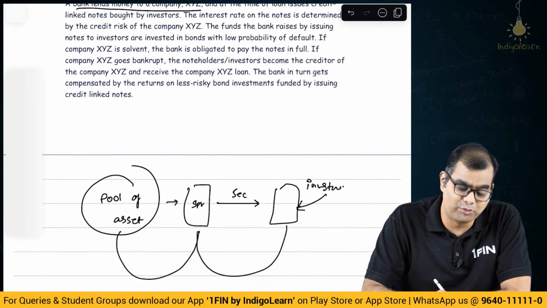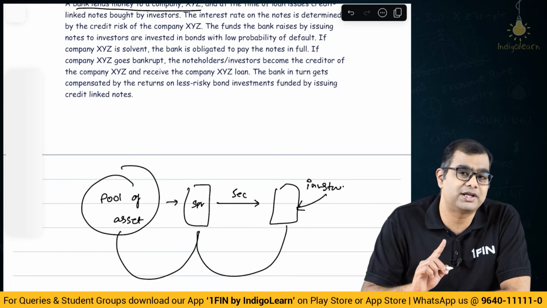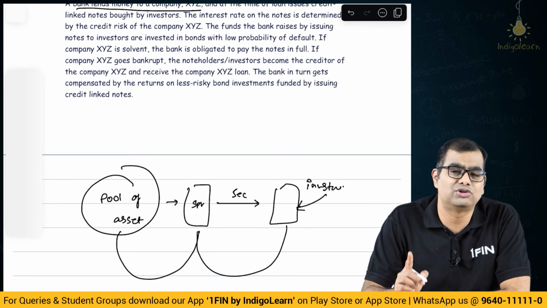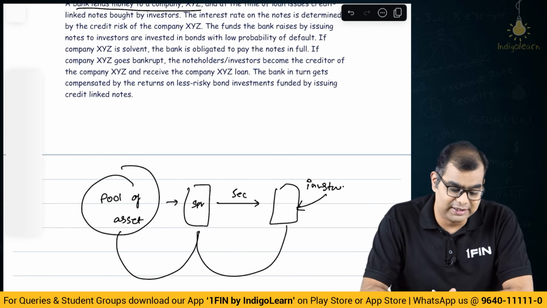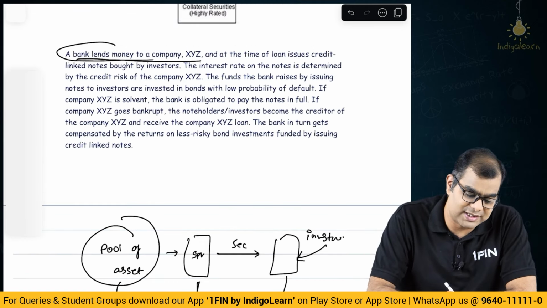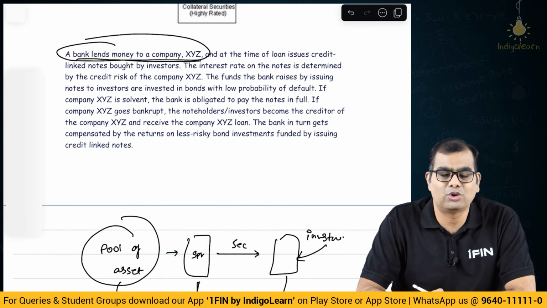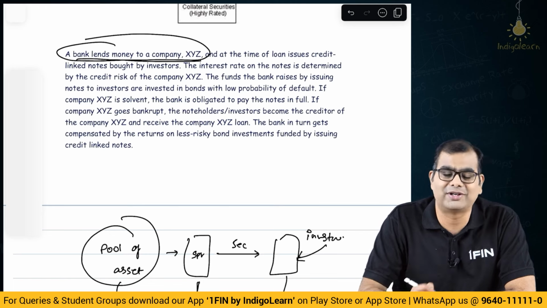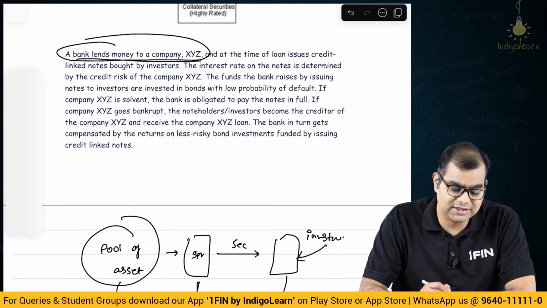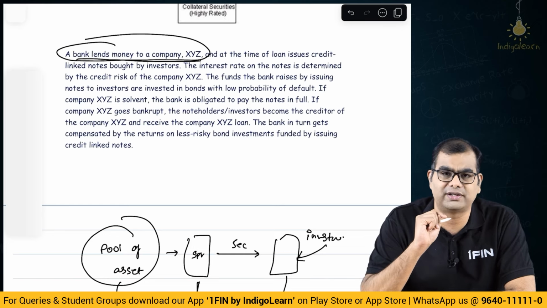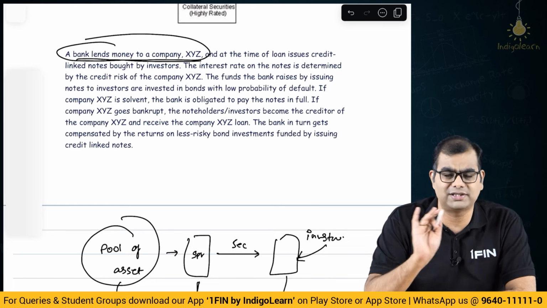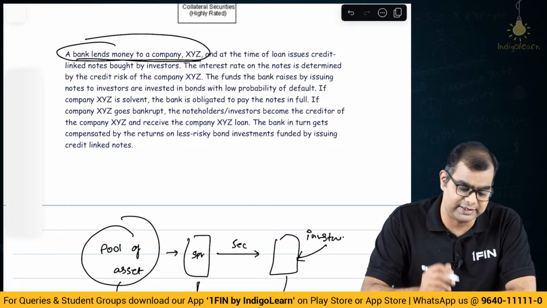In securitization, you are pooling multiple mortgage loans or auto loans or car loans or whatever loans. You are integrating multiple. Here, you are talking about a single company. Oh, so that is the fundamental difference. Yes, that is the fundamental difference. The difference here is, it is about one specific entity. A credit linked note is about the loan given to one specific entity. Can it be more than one entity? Typically, it is one specific entity.